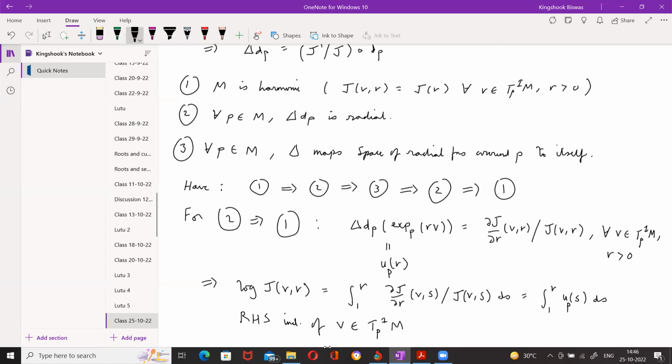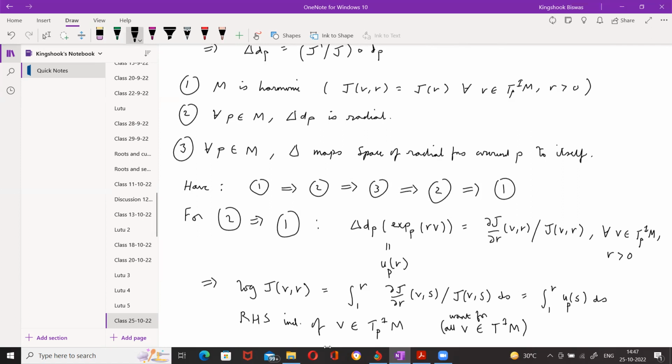That is true. But actually, this should be independent of all v in the whole unit tangent bundle. So there is a point to clarify there. What we want is for all v in the whole unit tangent bundle, not just at each point p. Do you see what I mean?